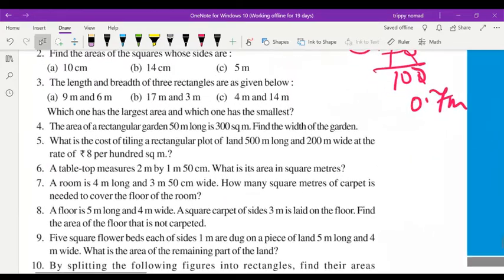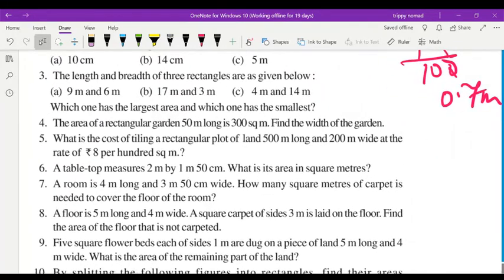And now the third question: the length and breadth of three rectangles are given below, A, B and C. Which one has the largest area and which one has the smallest? You will find the area of each and every rectangle: 9 sixes are 54, 14 fours are 56, 17 threes are 51.